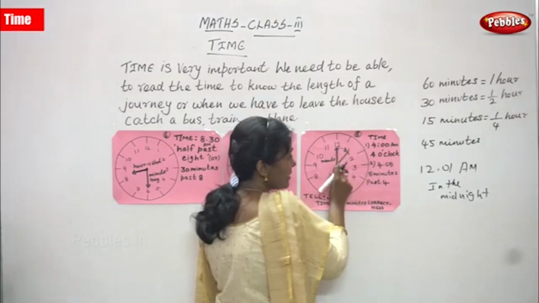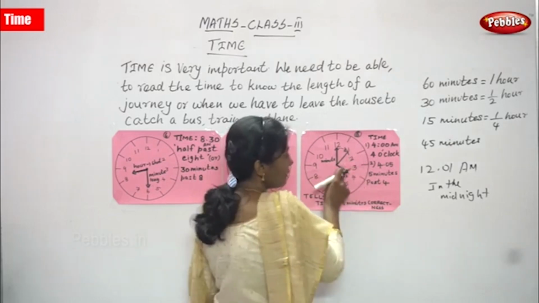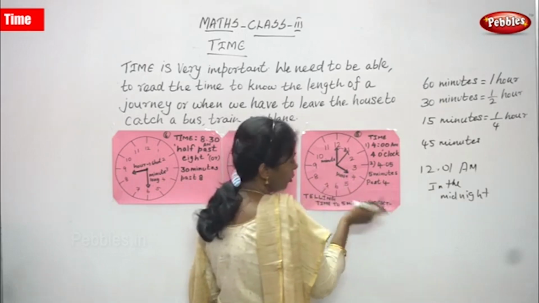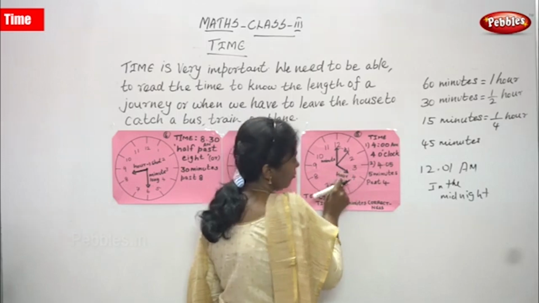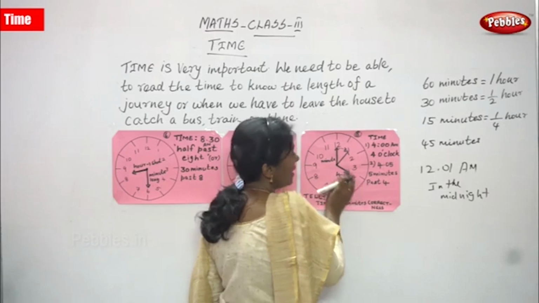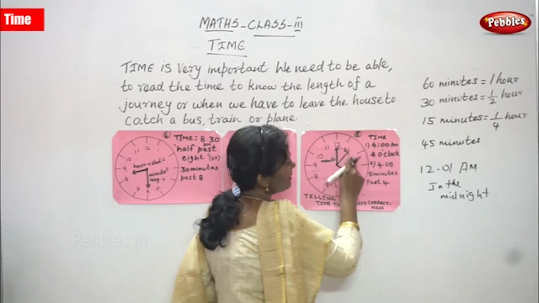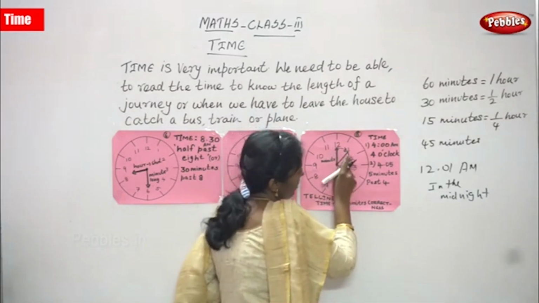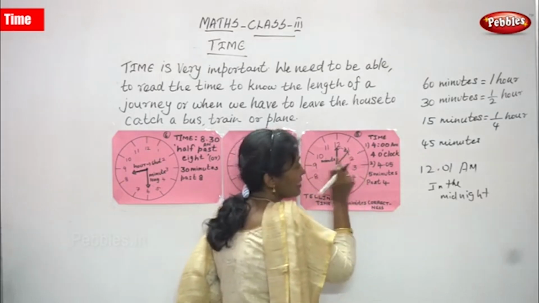Each number the minute hand represents is 5 minutes. But the hour hand stands towards 4 o'clock. It never moves; it stands in the same place. Only the minute hand is moving, from 12 to 1. Each number represents 5 minutes.